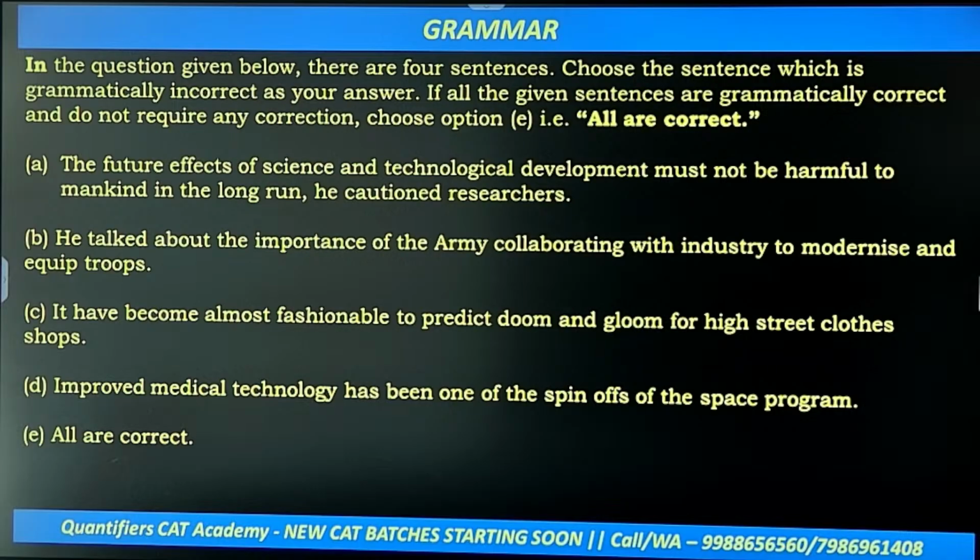So I'm assuming that you have read the instructions carefully and you know what you're supposed to do in this question.